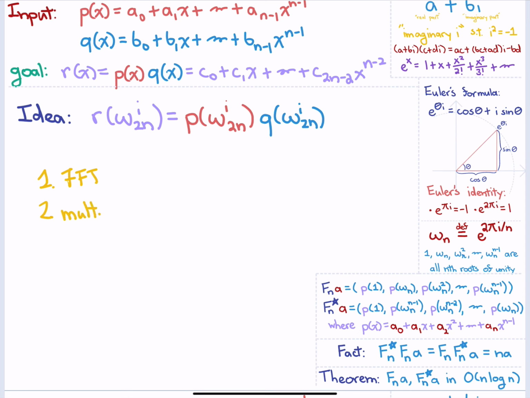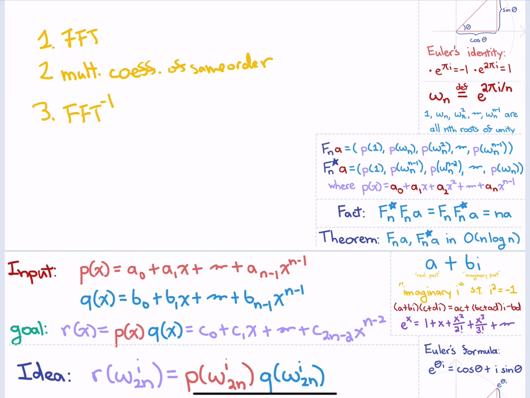Take some Fourier transform, multiply some things together. Multiply the coefficients of the same order. And then the inverse. Okay, we'll try to invert.